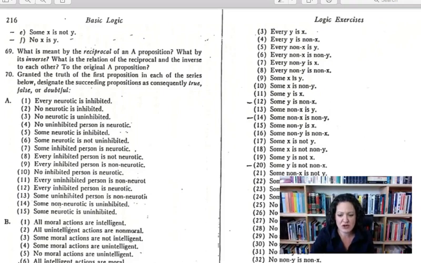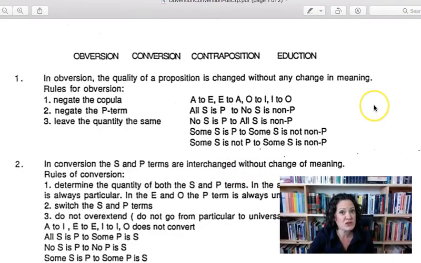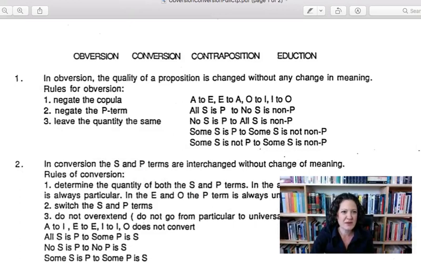I'm going to also draw your attention to this handout, which is the rules for obverting, converting, and doing eduction for a statement to see if it fits on the square and if it's true, false, or doubtful. And then I'm also going to draw your attention to what I'm calling the flow chart. So the flow chart will be a tool that we could use for figuring out if a statement fits on the square. All right, but first, let's go to the iPad, and we're going to use these rules.